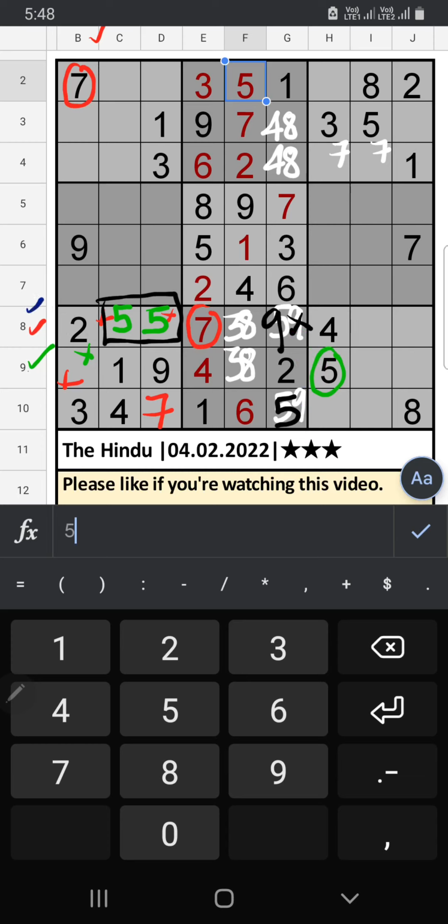8th row and 9th row we have pair numbers 2 and 9. So 2 and 9 can't come in these cells. It will come in any one of the cells. We will confirm later.